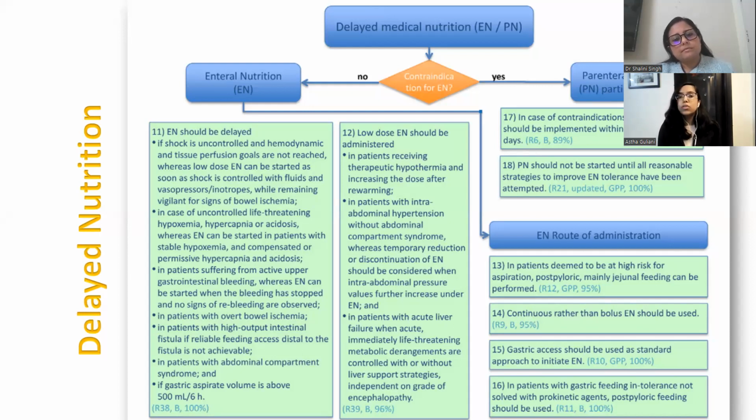Now, low-dose enteral nutrition should be administered in patients who are receiving therapeutic hypothermia. For example, after a CPR, when the patient is receiving therapeutic hypothermia, we need to initiate low-dose enteral nutrition. Then in patients with intra-abdominal hypertension, which has not yet gone into abdominal compartment syndrome, we can start low-dose enteral nutrition, but then it needs to be discontinued if the patient develops abdominal compartment syndrome.